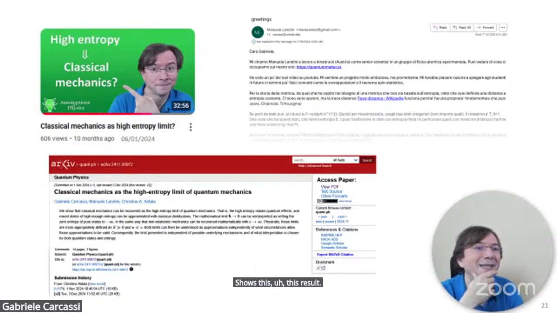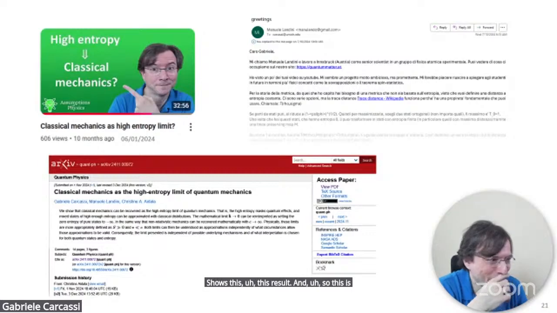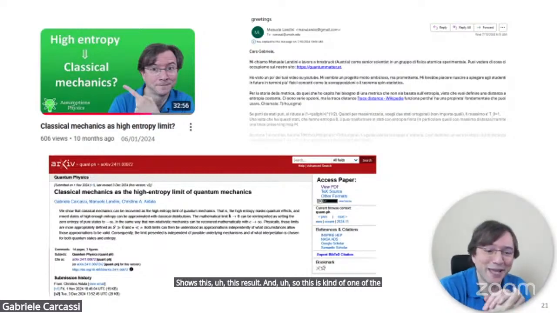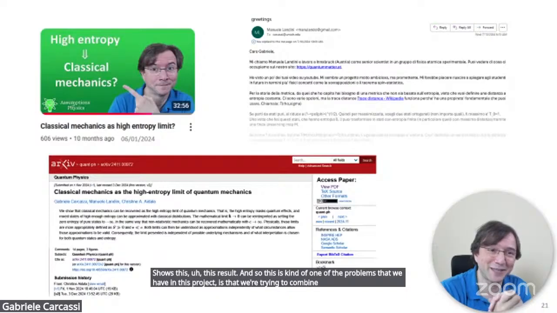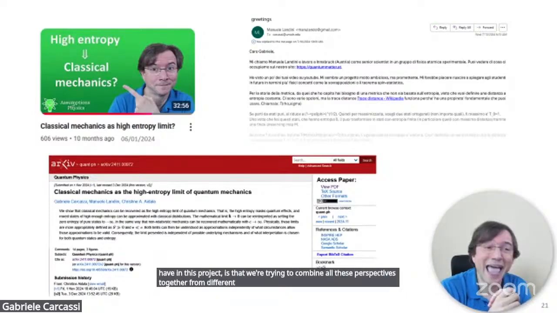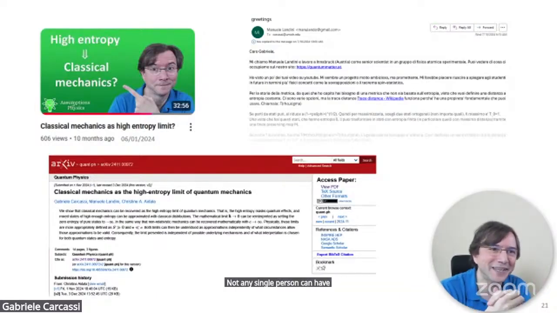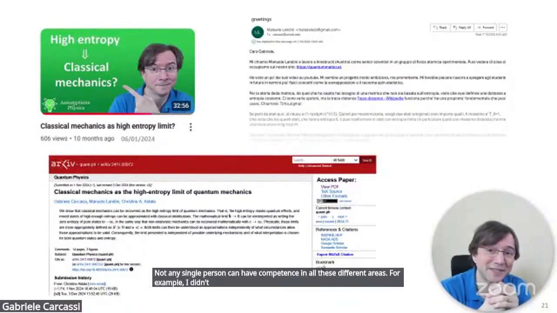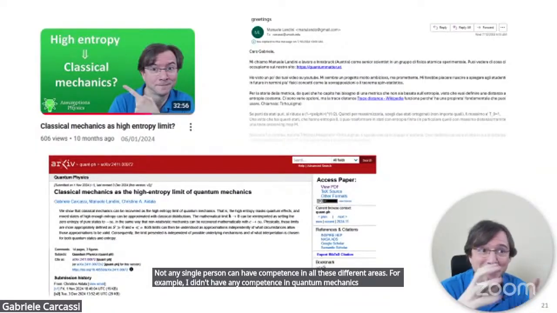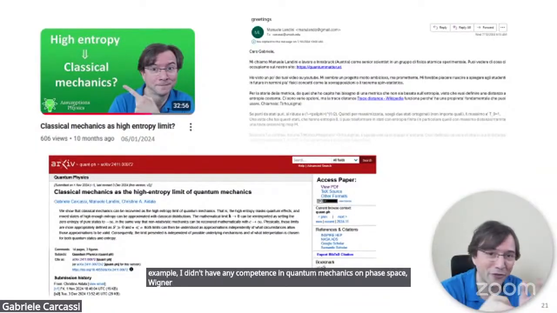This is one of the challenges in this project: we're trying to combine all these perspectives from different sides, and of course no single person can have competence in all these different areas. For example, I didn't have any competence in quantum mechanics on phase space, Wigner functions, and all of those things.